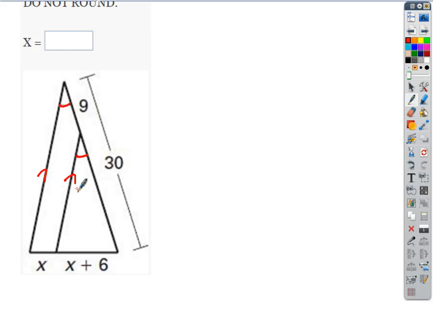Remember, if we have a line that cuts through a triangle parallel to one side, it's going to cut those sides into proportional segments, right? So we could say, for example, for the top line, left over right would equal, for the bottom side, left over right, right? Does that make sense? Okay, that's just a little bit easier to deal with, isn't it?